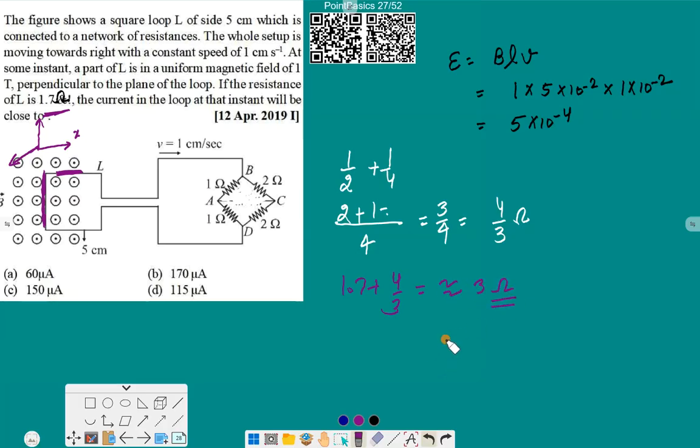This will be the value of resistance. Now current will be potential by resistance. So 5 into 10 raised to power minus 4 by 3. It will be 1.67 into 10 raised to power minus 4, or 167 into 10 raised to power minus 6, 167 microampere. That closely resembles option B, 170 microampere.